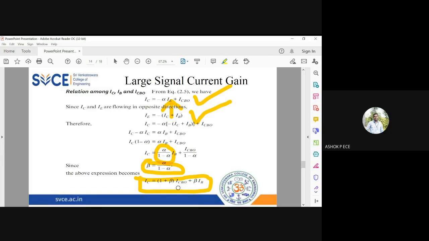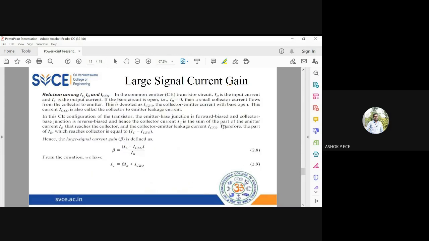Mostly we'll be neglecting this reverse leakage current in our calculations, but if it is specifically given, you have to consider it. If the reverse saturation current value is very large, it will have a huge impact on the last equation. But if the value is very, very small, it will not have any effect, and there we can ignore it. So we have to be very clear and careful on whether to ignore or include the ICB0 term in our equation.